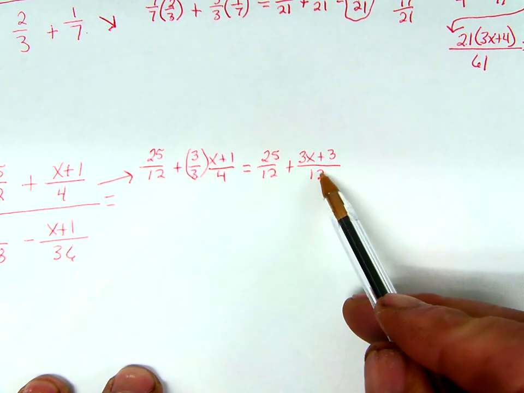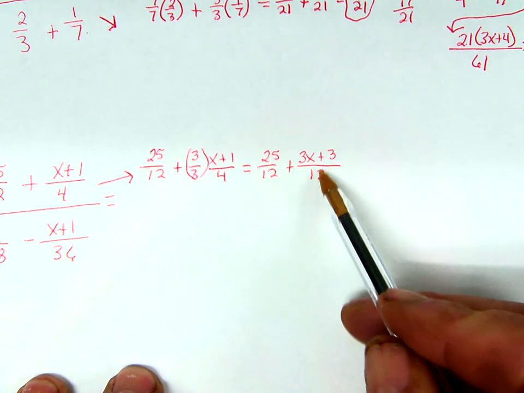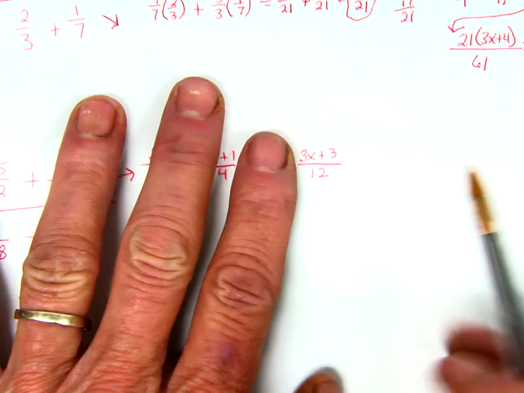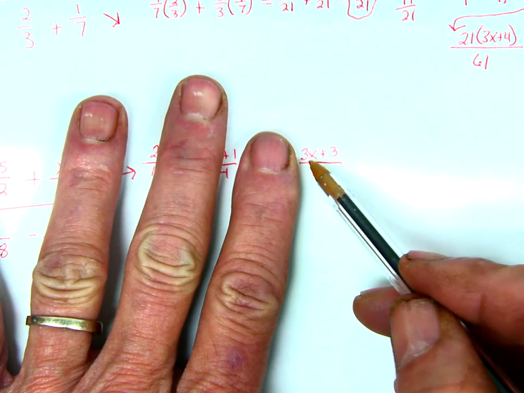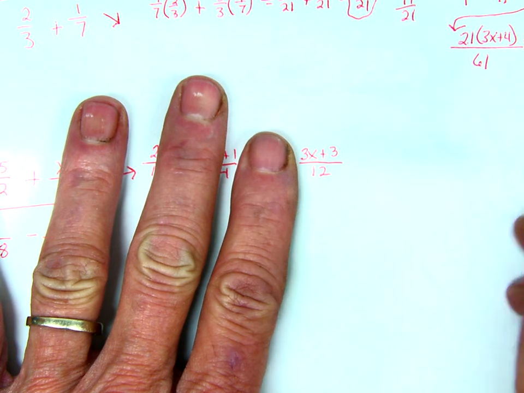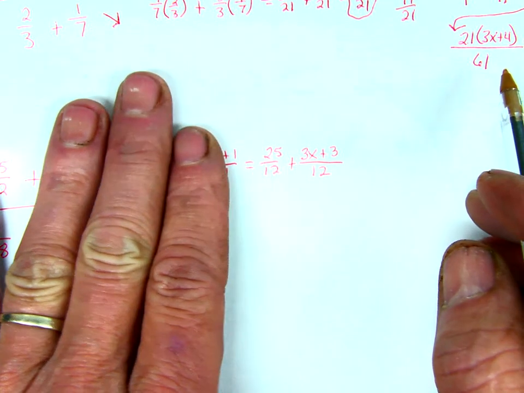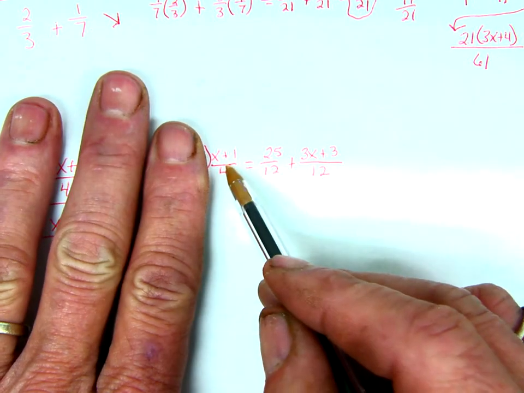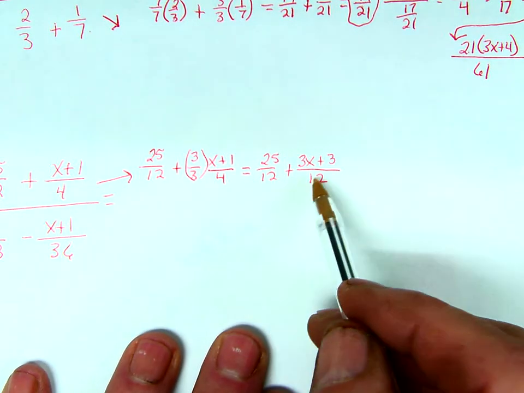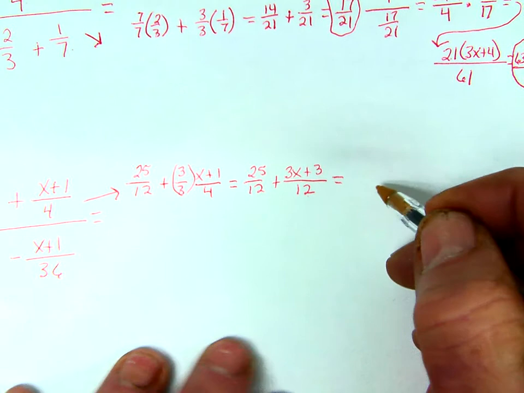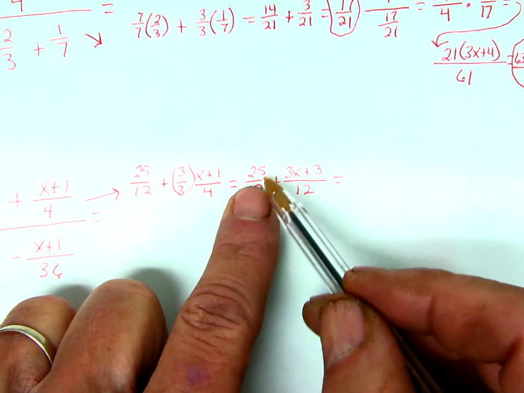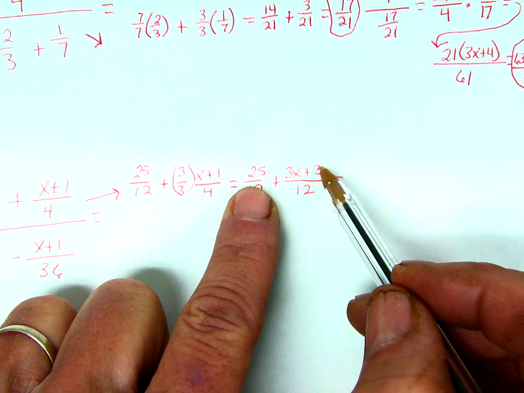Now here's a good example to show you when you can reduce with a complex fraction like this. 3 goes into 3, obviously. 3 goes into 12, and 3 also goes into this 3. In fact, it would give us this right here if we reduced it. But we changed it so that we could do this addition. 25 plus 3x plus 3. This is a constant. This is a constant.